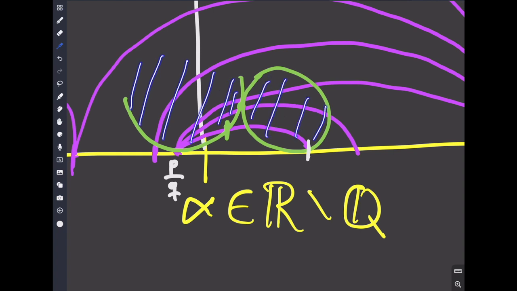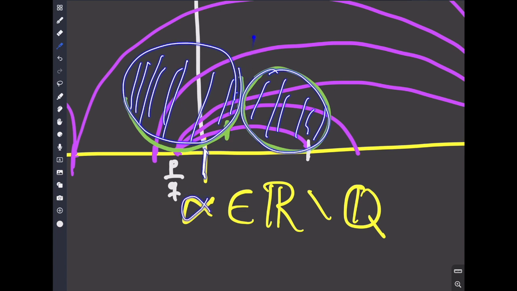What I say is that when you project the union of those open disks to R, it contains alpha. Why? Because the circles are tangent. The only possibility for not containing alpha is that the tangent is vertical and falls precisely at alpha. But that would mean alpha is the midpoint between them, and then alpha is rational.